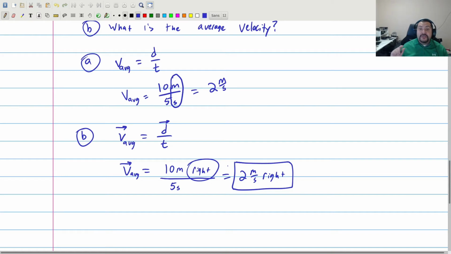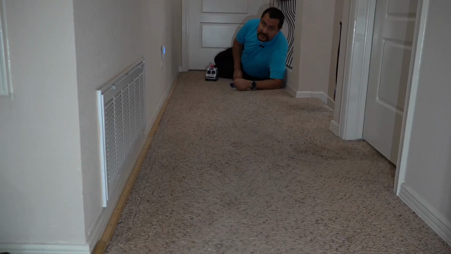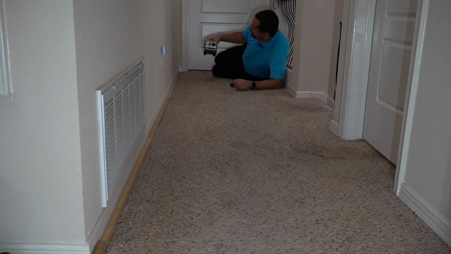If the car turned around and came back on the second half of the trip, the average velocity would be to the left. And for the whole trip, there and back, as if it started and stopped in the same position, its average velocity would be 0 because its displacement would be 0. So let's say I wanted to determine the velocity of an actual object, like this toy ice cream truck here.